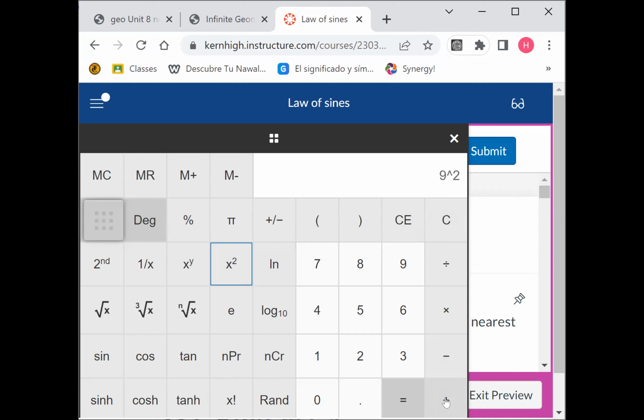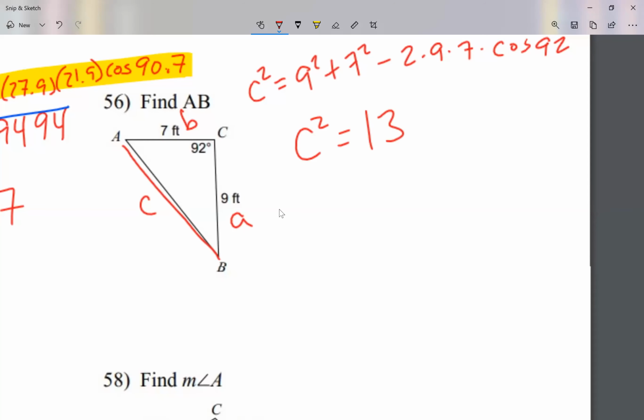So 9 squared plus 7 squared minus 2 times 9 times 7 times cosine of 92. So that gives 134.3973.